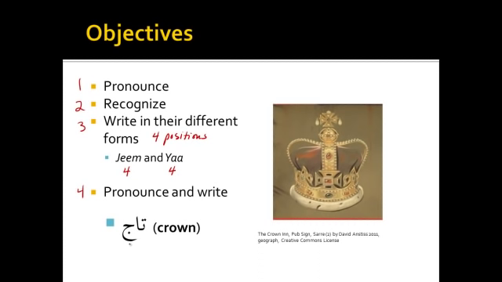And the word that we have for this lesson is Taj. Now you may be wondering, where is the Ya? Because we have here a Ta, an Alif, long vowel Alif, and a Jeem. So where's the Ya? Well, we're going to add a Ya to the end of Taj, because Ya in Arabic can mean my.